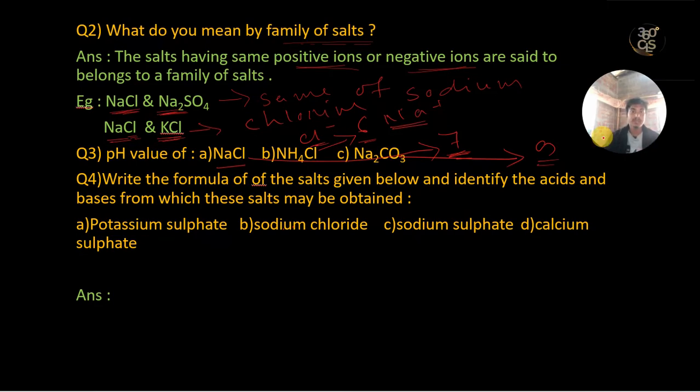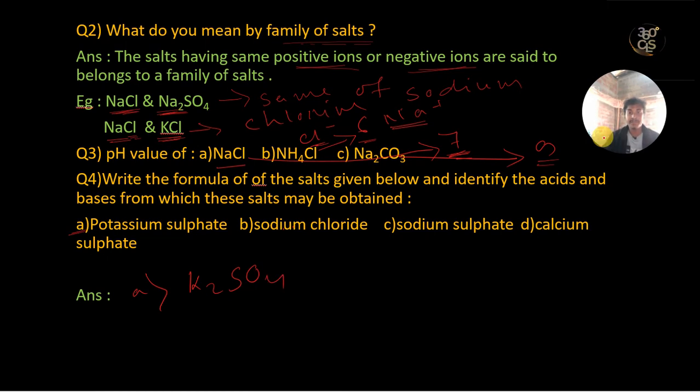Okay, so the next problem is, write the formula of the salts given below and identify the acids and bases from which these salts may be obtained. Number A is potassium sulfate, that is K2SO4.